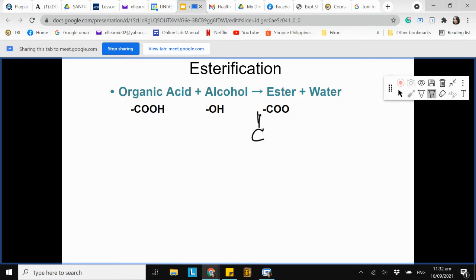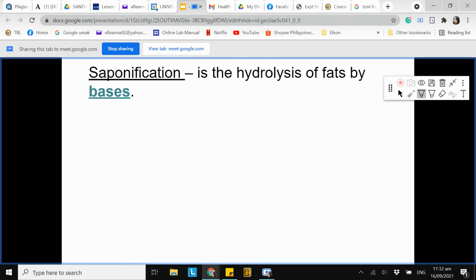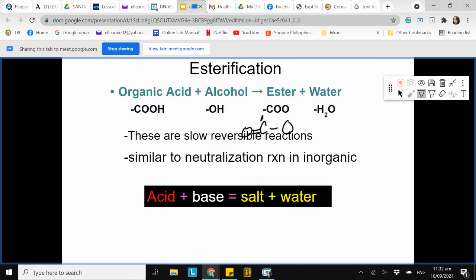Oh gosh. Yan. So ito yung bond niya. Okay? And water.